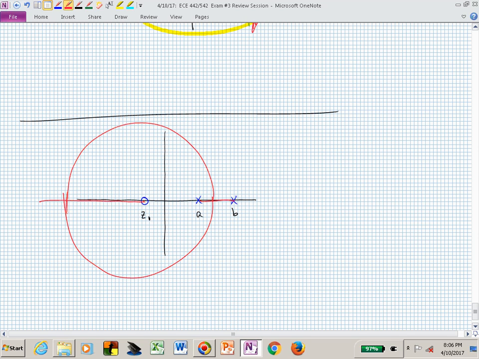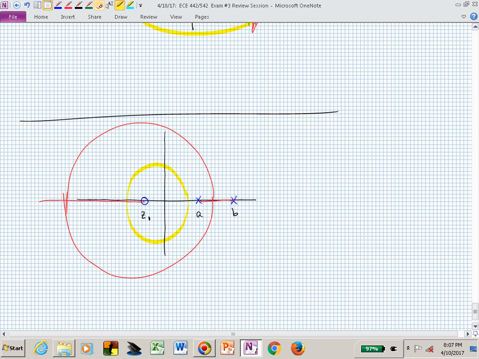And whether or not this system is stable will obviously depend on the locations of A and B. If my unit circle was right here, can I stabilize that system with constant output feedback? Never, can I? The pole A always is outside the unit circle, and it never comes inside the unit circle.